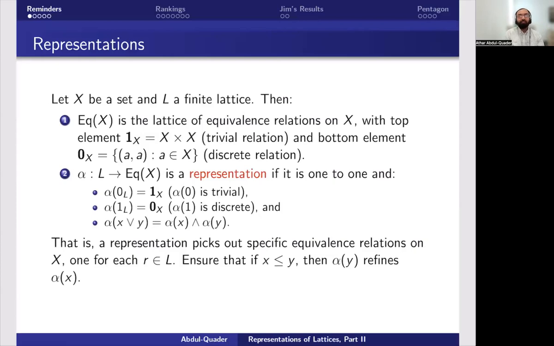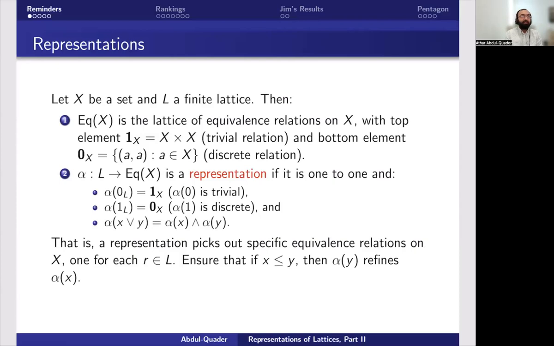In that case, it was B2. I'm going to continue on that example today, but now I'm going to analyze it more from the perspective of the rank of a ranked lattice. So let's start with a reminder of some of these definitions.